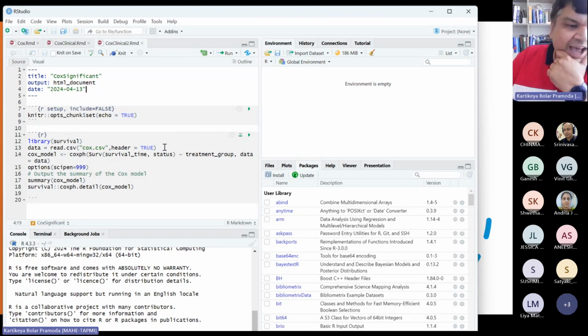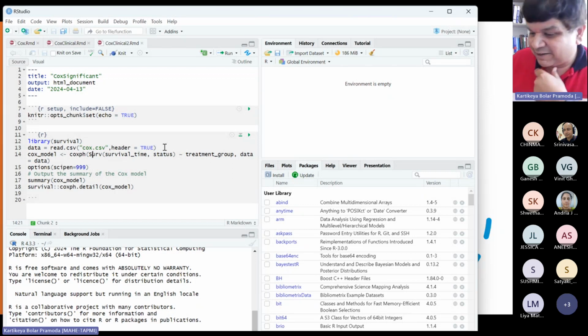So in R, we have this package called survival. Okay, so the survival package has to be installed. Obviously you should read the data, and the function for the Cox proportional hazards model is this coxph. Notice that we have a survival object.